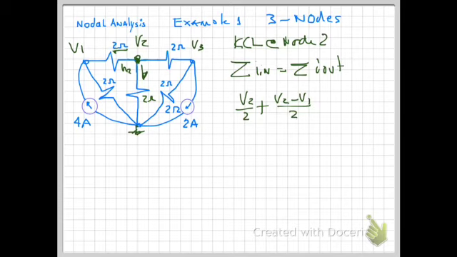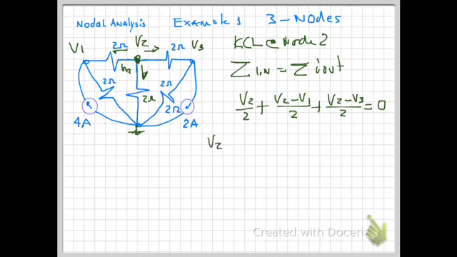Currents are flowing out of node 2 going to node number 1, and it's positive V sub 2 because we use passive sign convention. The next current flows out of node 2 into node 3, and this is again V sub 2 minus V sub 3 divided by 2, and everything equal to 0.